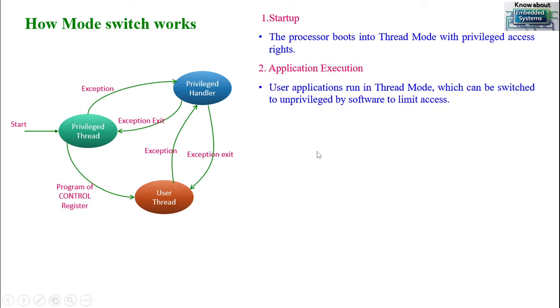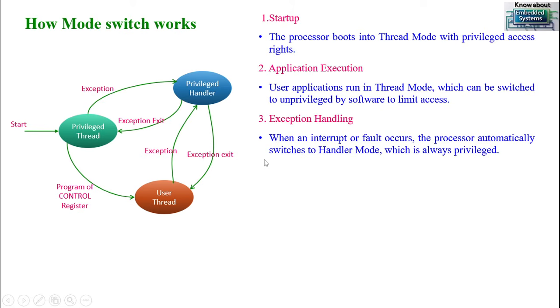Whenever you want to execute an application without any privileged requirement, that means you don't want full access mode, only a normal user program, the processor will enter the user thread mode, also called non-privileged mode, with the help of the control register. So we have to configure the control register here, which will limit our peripherals.